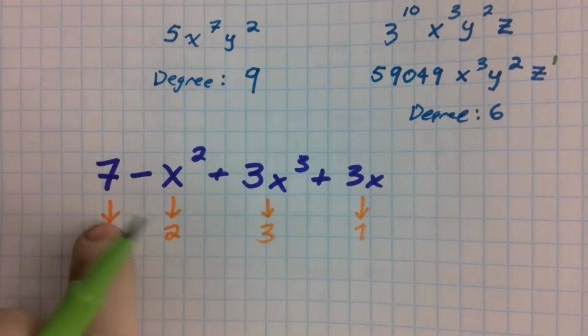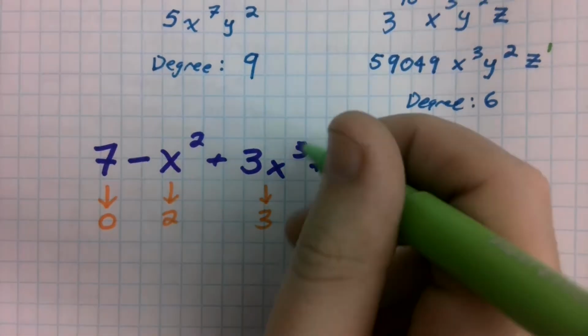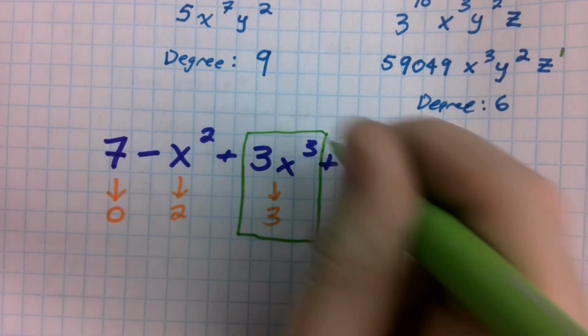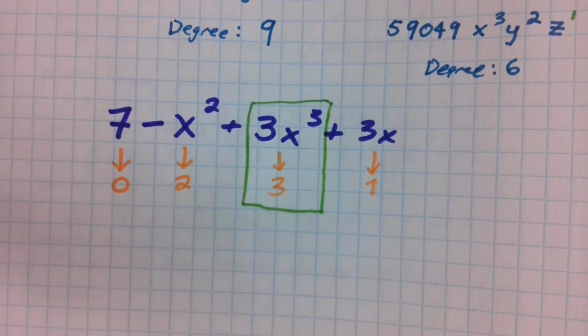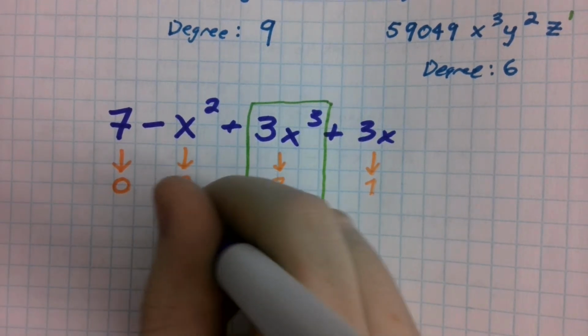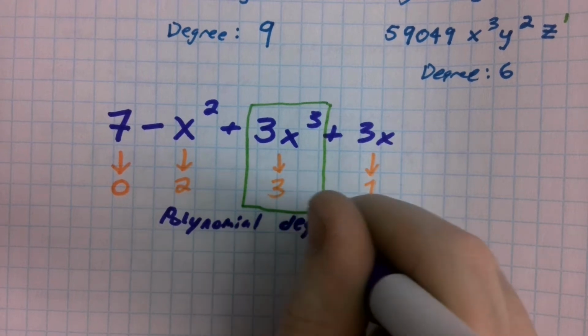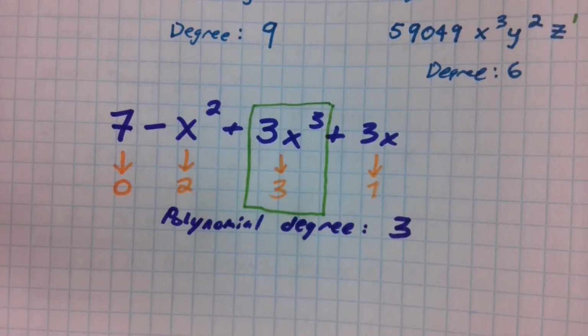Each of these are the degrees of the monomials. But the biggest one is this, right here. The biggest monomial has degree 3 in the polynomial. So we say the polynomial has degree 3. It matches whatever the highest degree is inside of it.